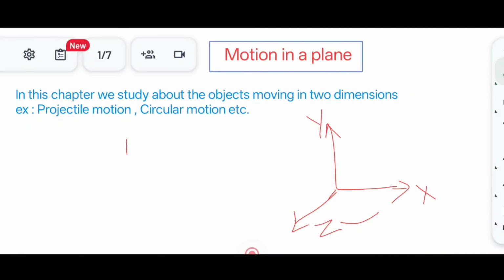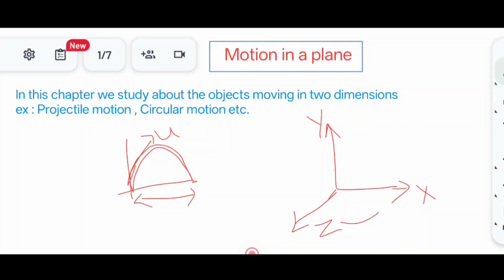Projectile is the motion of a body thrown with a certain initial velocity, which comes to the ground and hits the ground after a certain time interval. Such motion is called projectile motion.